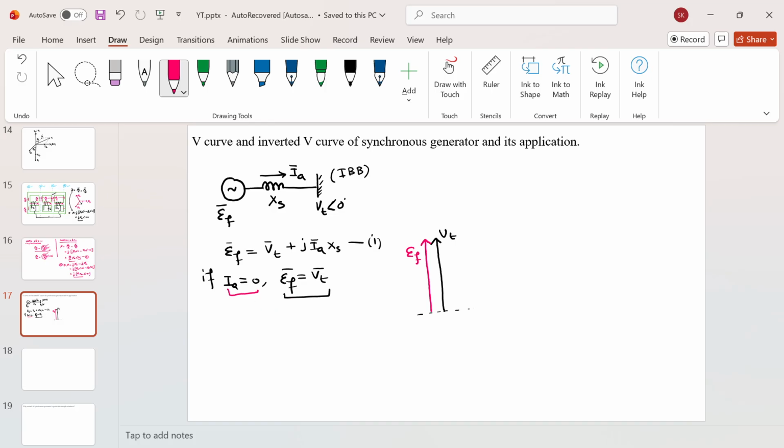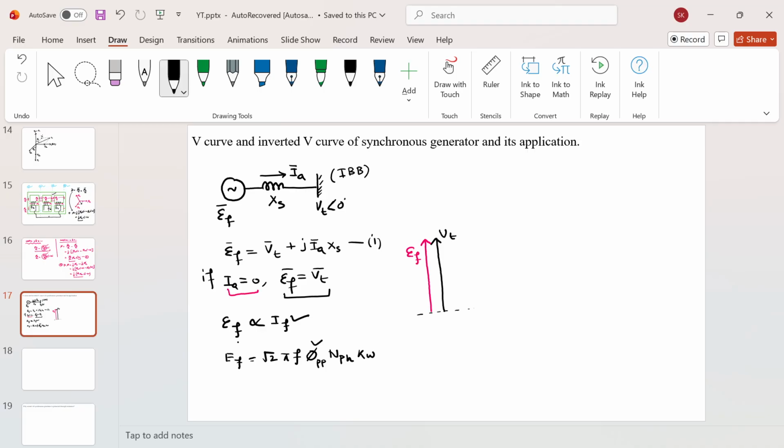This internal induced EMF, EF, or the terminal voltage at no load, you can say, EF is proportional to IF. Okay, because if you see the EF equation, EF is nothing but root 2 pi F, flux per pole, number of turns per phase, and kW, the winding factor, and this flux per pole is directly proportional to field current.